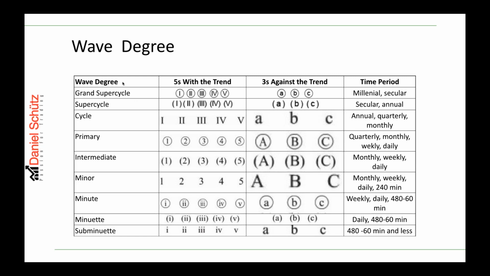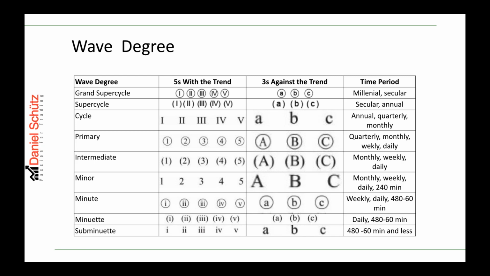That's 5 with the trend, and the 3 is against the trend. Then we have the small a in a circle, or the a in brackets. That means we have different wave degrees.